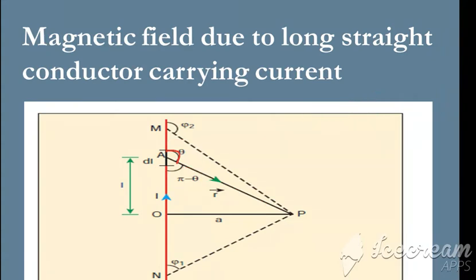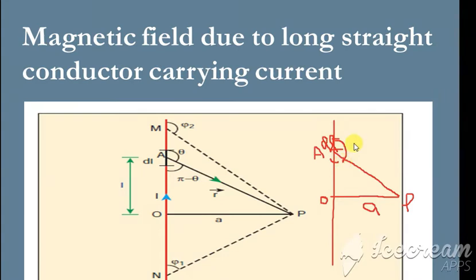The main thing is we are considering a long straight conductor, then a point P, at a distance A from the center O, and here is the point A, which has a length of dl. Then from A joining to P, this angle we are writing as theta, and this angle is pi minus theta.